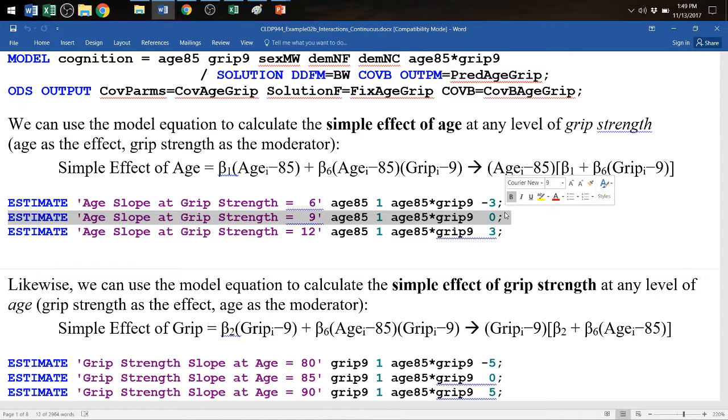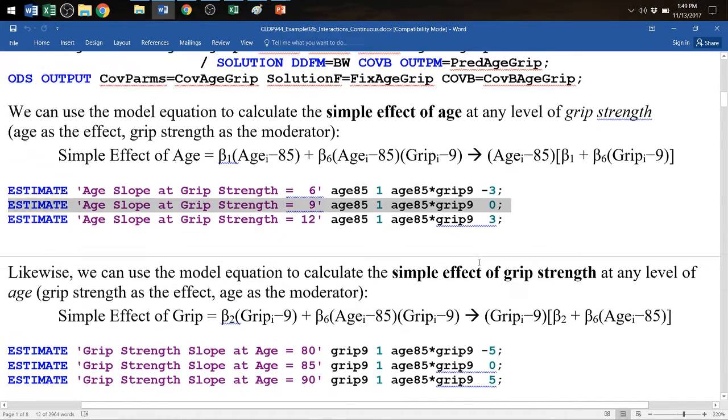Not the intercept. It's the right idea, though. Yeah, you note by the 0 here, SAS is going to give this to me as the simple main effect of age. It is already at the 0 value of the interacting predictor, which is grip strength of 9 here. I'm asking for the age slope at grip strength 12 here in the last line.